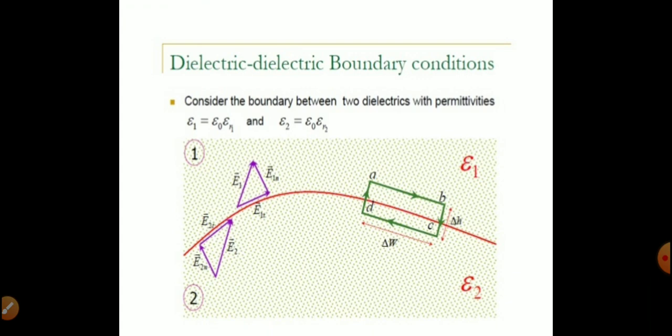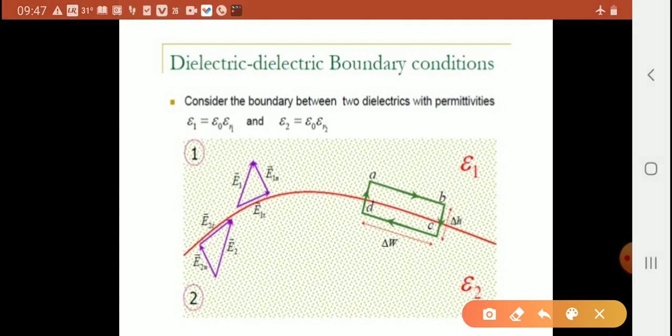Dielectric boundary condition. Here the external electrical field is divided into two components, and this is the Gaussian surface.